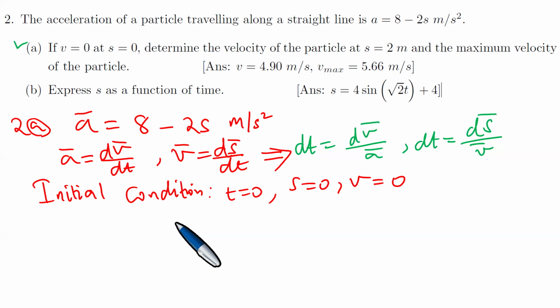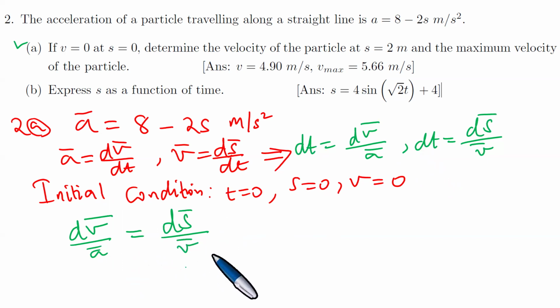Right, and with this mentioned, what can we achieve? If dt indeed is dt, it means that we can have dv on a, which is ds on v.